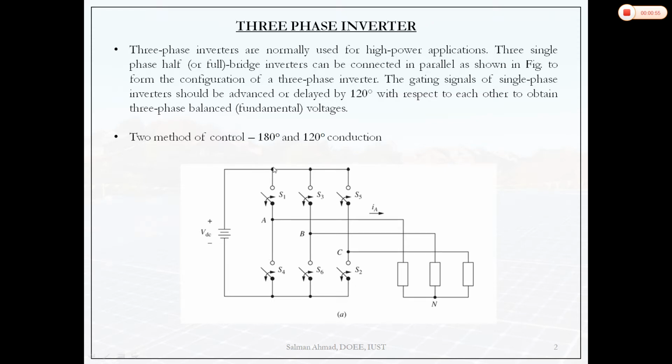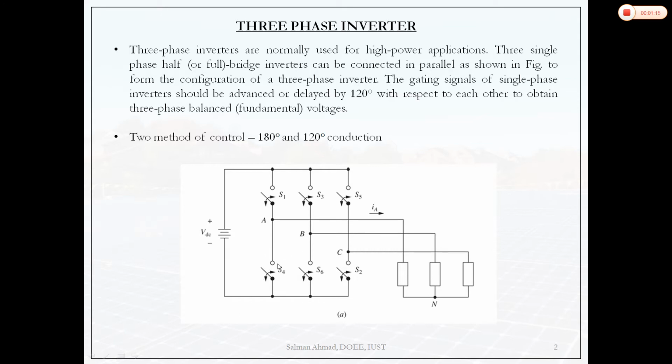So in each leg we have two switches. You can see this is one leg, this is another leg, and this is the third leg. In each leg we have two controllable switches, and this one is called the upper switch and this is called the lower switch.